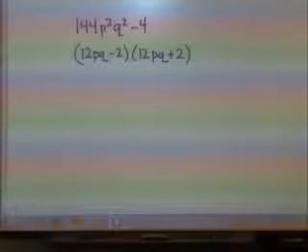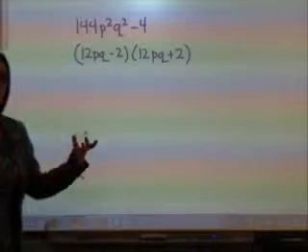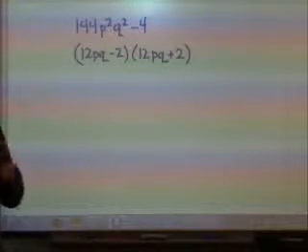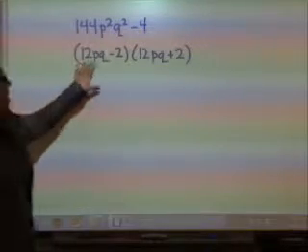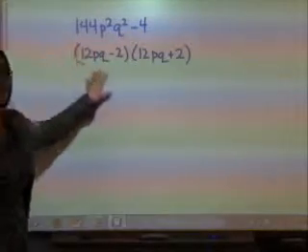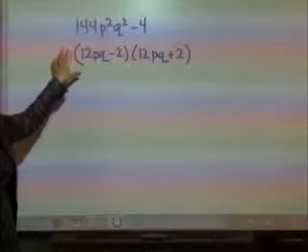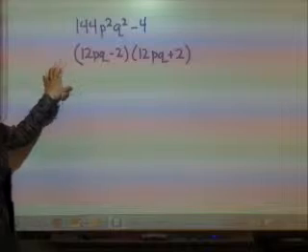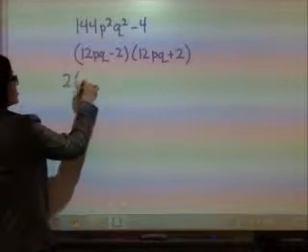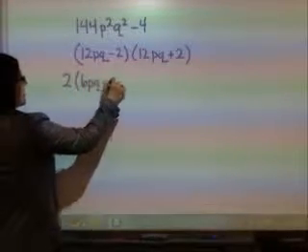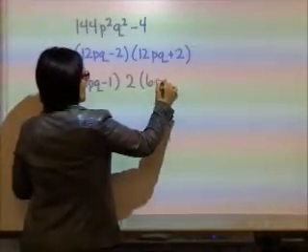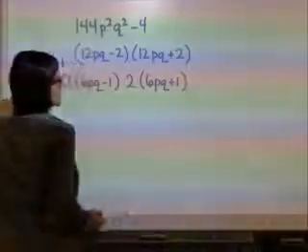But if you remember in the previous lesson when we were talking about what it means to factor, factor means to make sure that my factors are in simplest terms. So when I look at these factors, I should not be able to factor anything else. If I look at a 12 and a 2, I should realize that I can factor out a 2. If I factor out a 2, I get 6pq minus 1. Factor out another 2, and I get 6pq plus 1.